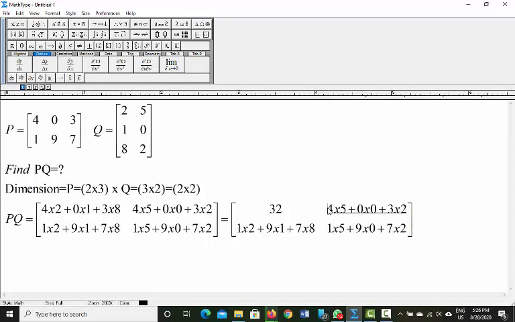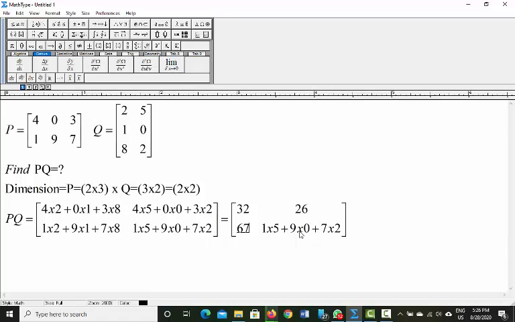Right. So what we will get here is 20 plus 3 multiplied by 2, 6, so 26. So what we will get here is 67.